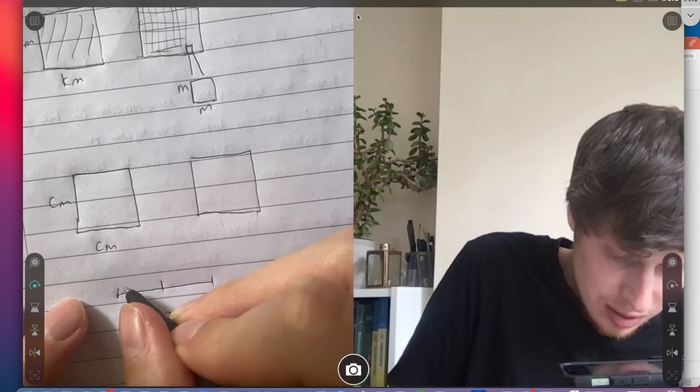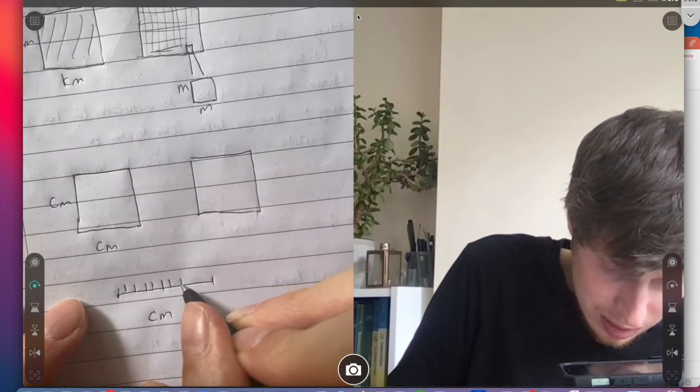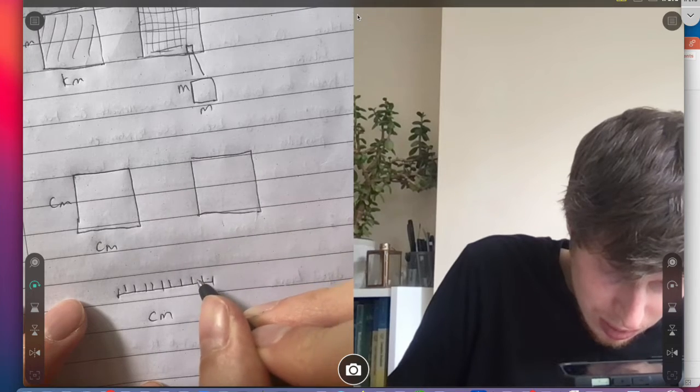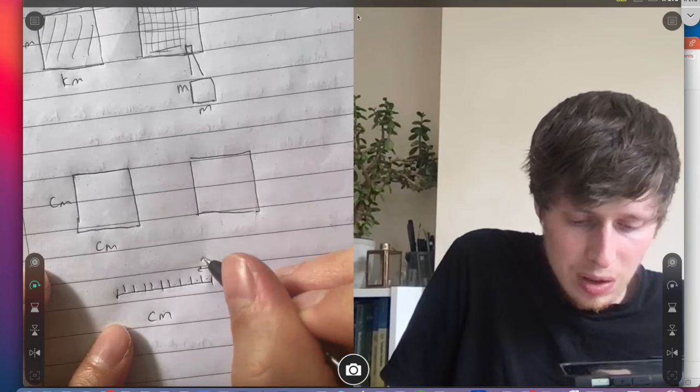Then we can divide this up into 1, 2, 3, 4, 5, 6, 7, 8, 9, 10. We can divide it into 10 millimeters, so each of these is going to be a millimeter long.